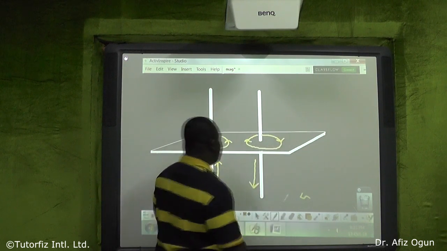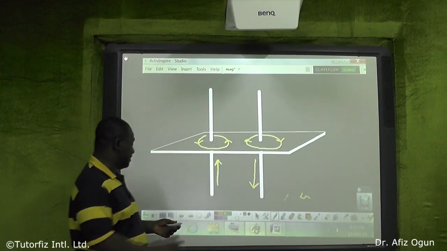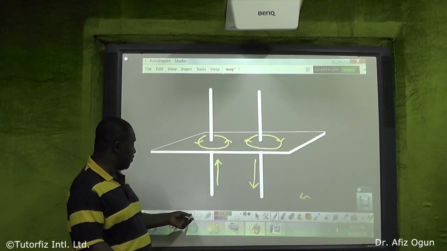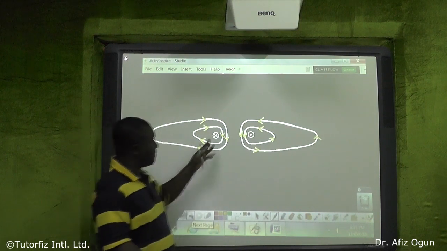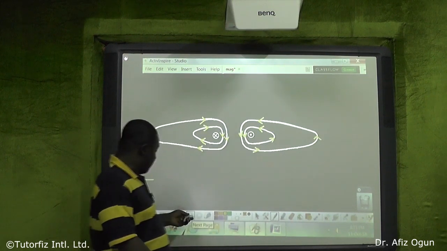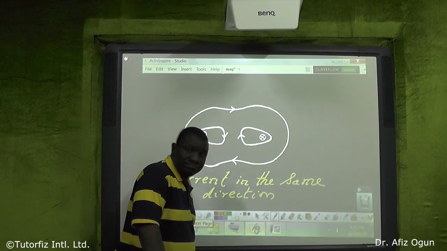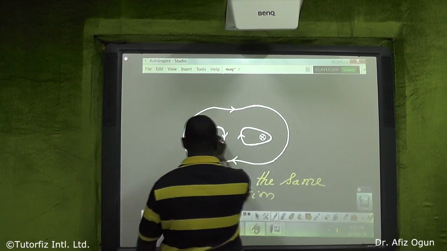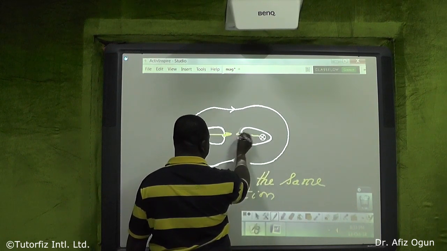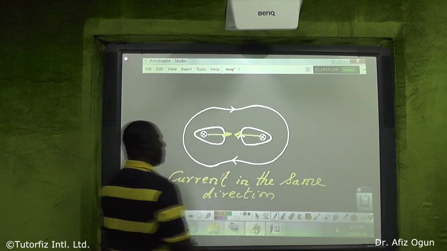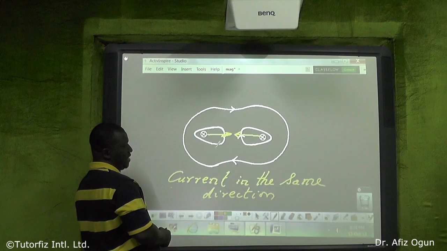What have you seen? So what does this and this tell you? There is a force here and there is a force there. The force here is that of attraction, an attractive force this way, with current moving in the same direction.